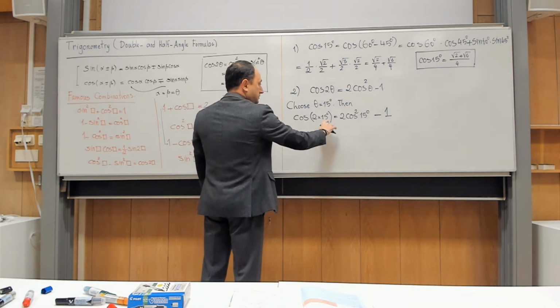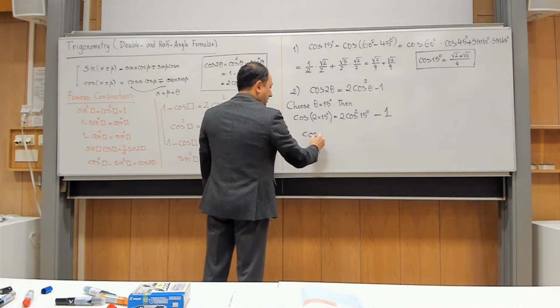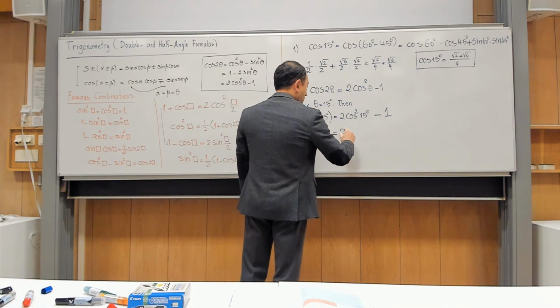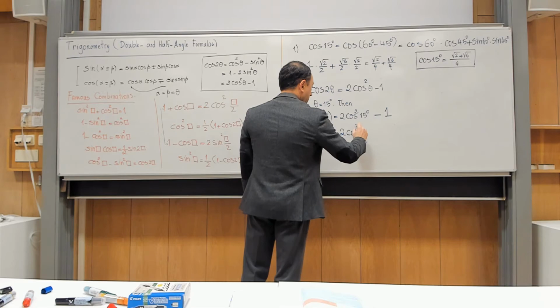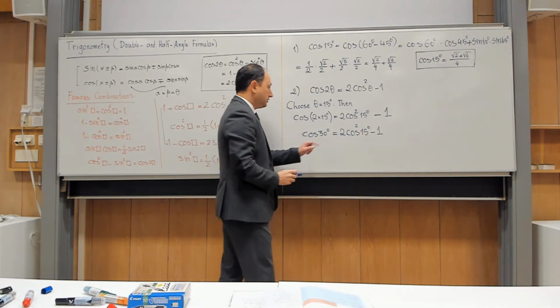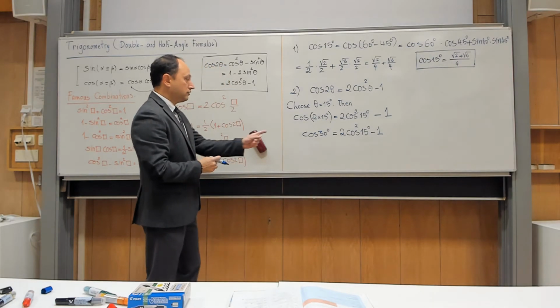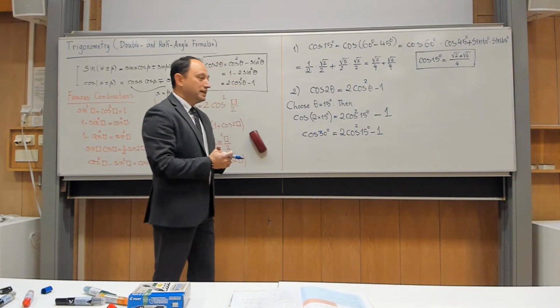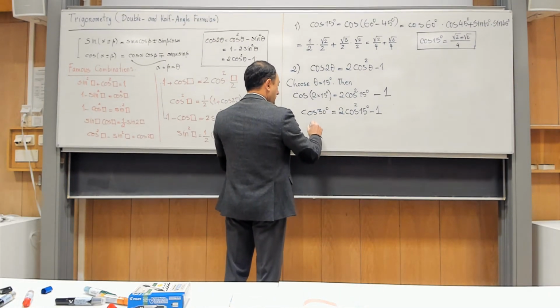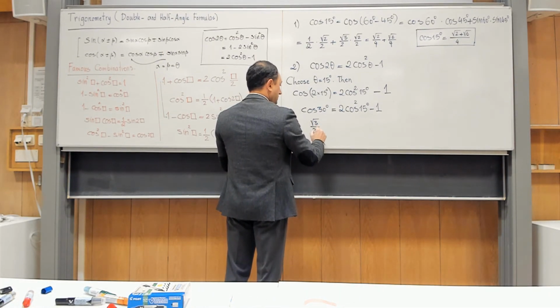So 2 times 15, we know about it. It is 30 degrees. And then this becomes 2 cosine squared 15 degrees minus 1. But if you refer to that famous table that you have, cosine of 30 degrees is square root of 3 over 2. So then you just write square root of 3 over 2 instead.